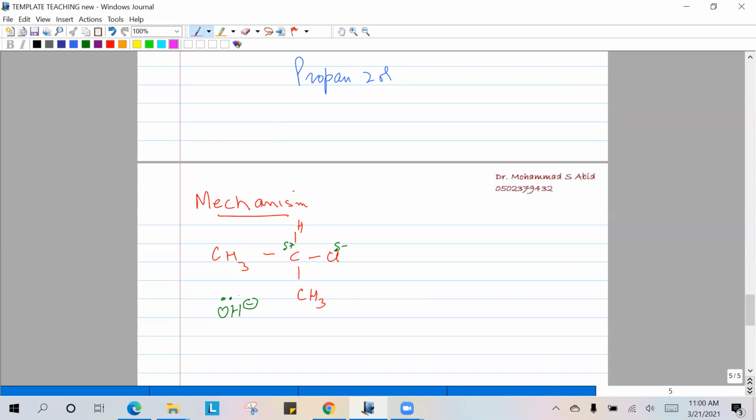Now what happens is, start the arrow either from the negative charge or from the lone pair to the carbon. So this is a nucleophile attacking a low electron density center, and then this bond breaks heterolytically.